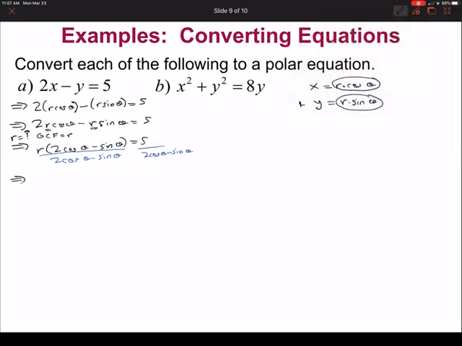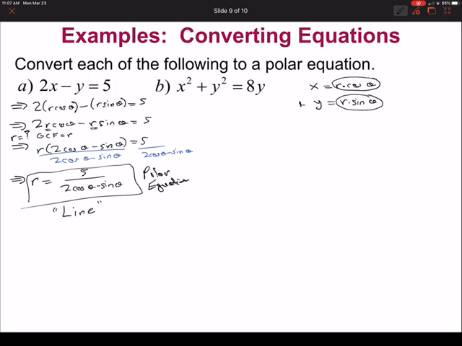So what does r equal? r is equal to 5 divided by 2 cosine theta minus sine theta. There's our polar equation. So again, we were given rectangular. Here's the polar. And again, if you graph this polar equation, you're going to graph a line.